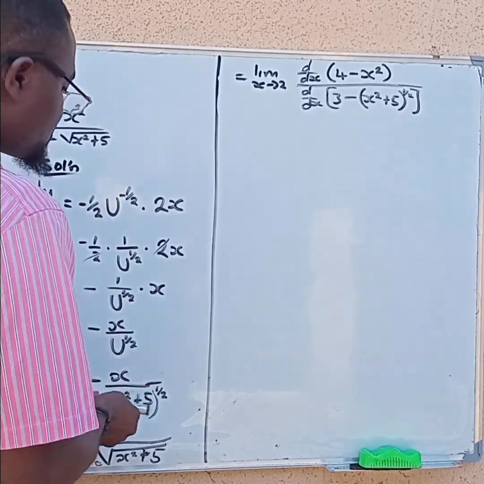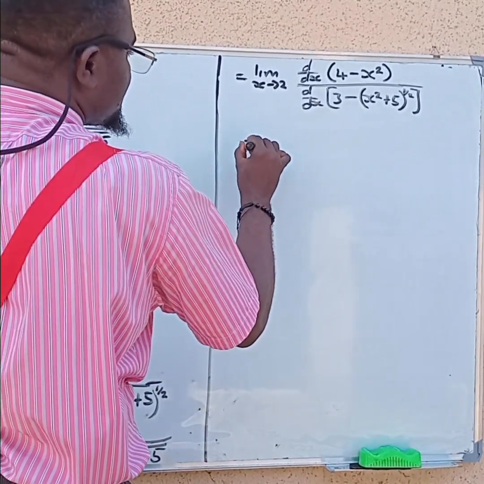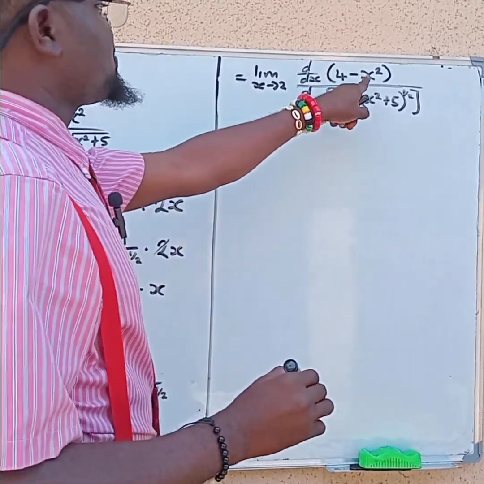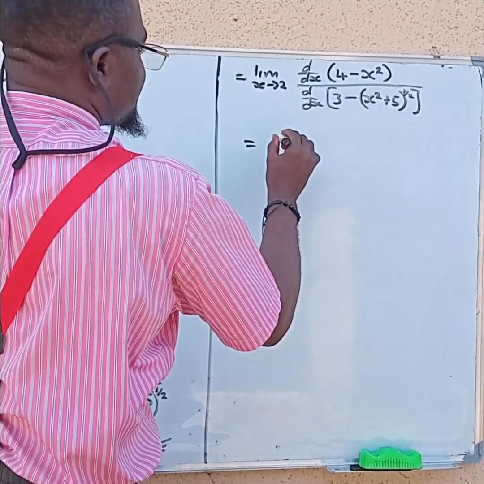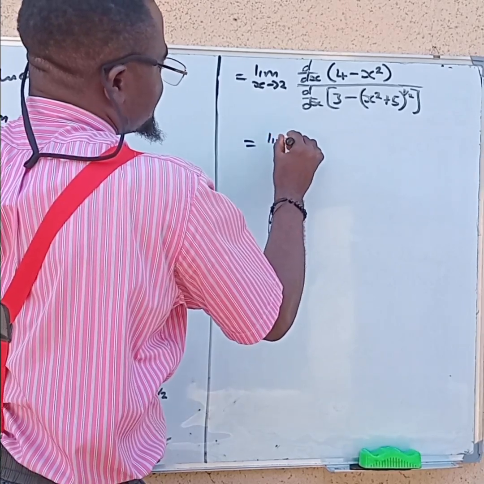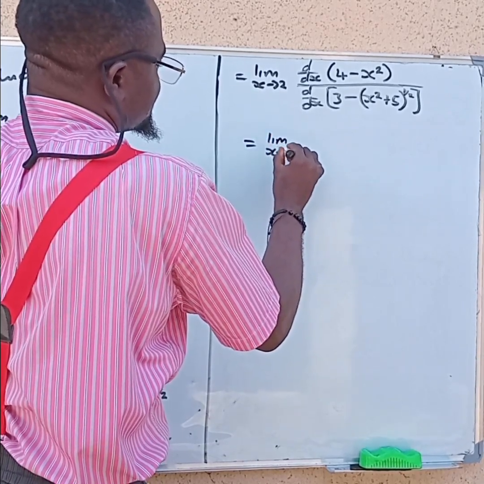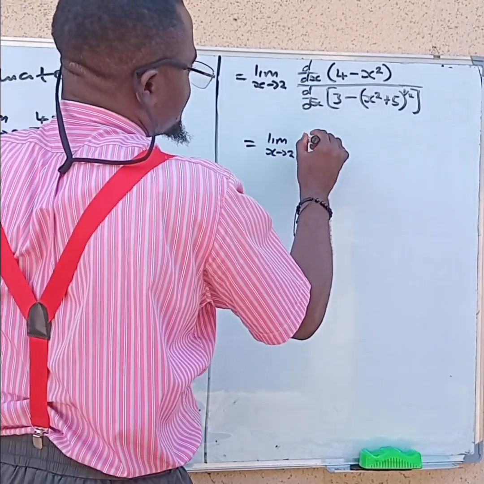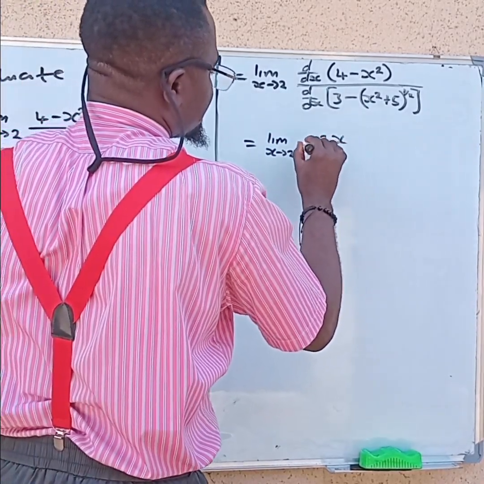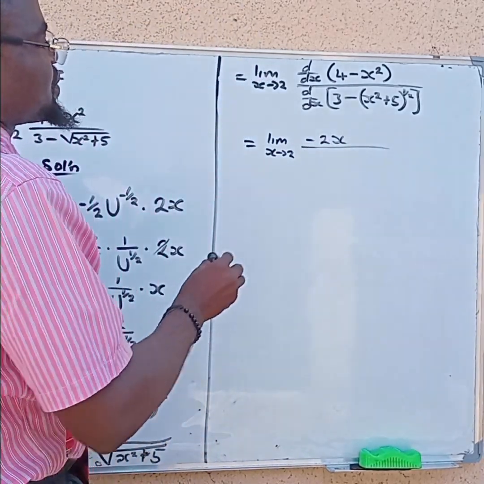Now, since we have known the denominator already, if I differentiate minus x squared, I have minus 2x. So it will now be the limit as x tends to 2 of minus 2x over this.